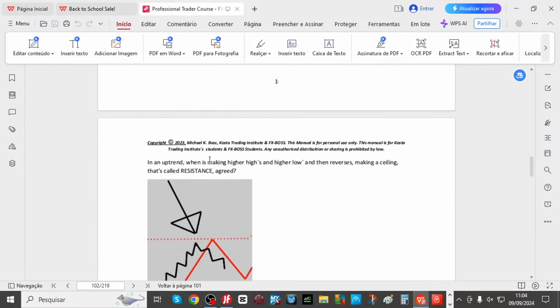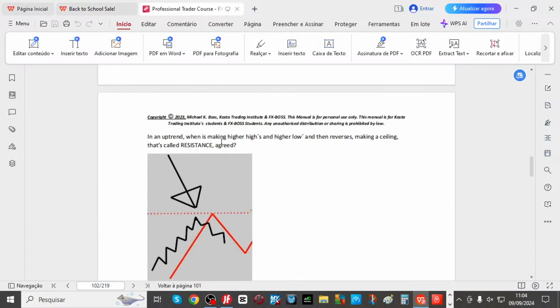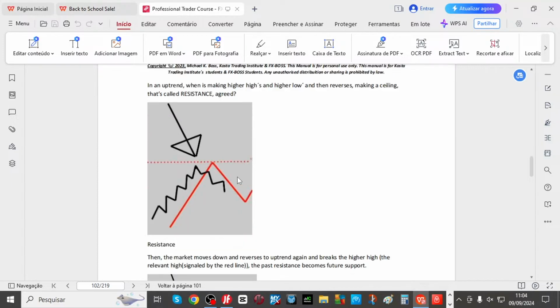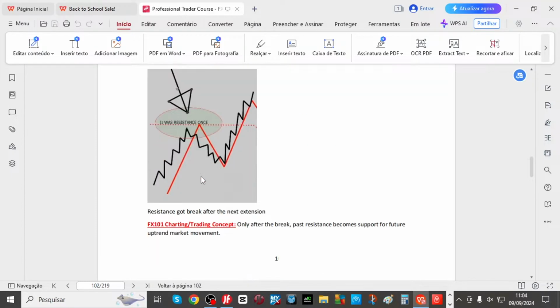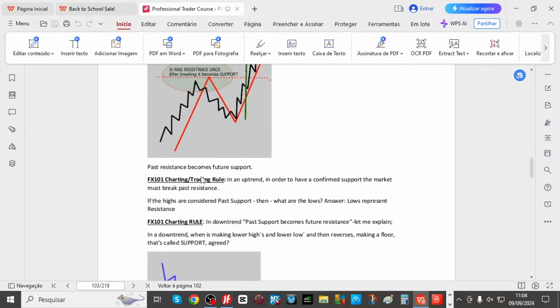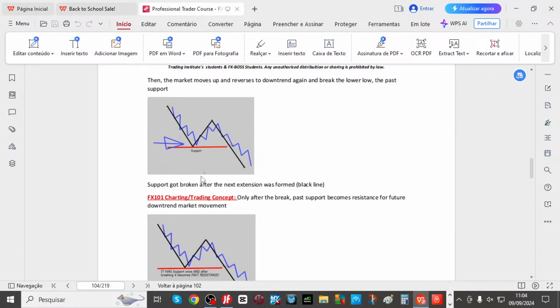Confusing? Let's clear it up. In an uptrend, when it's making higher highs, higher lows, and then reverses, it's going to make a ceiling, right? So it was resistance and then became past support. All good, nothing new.